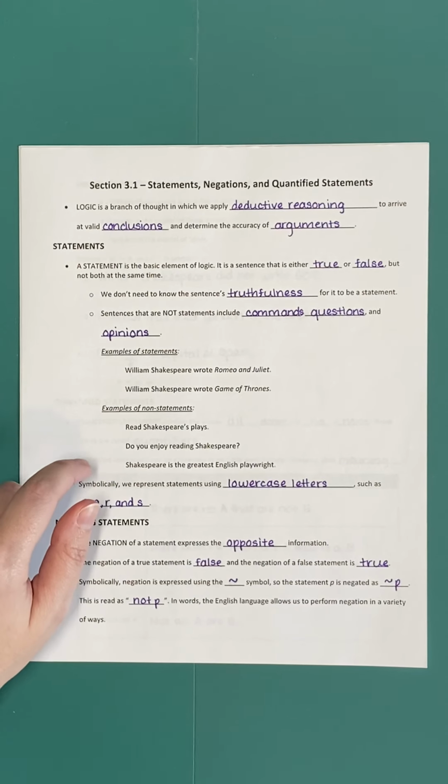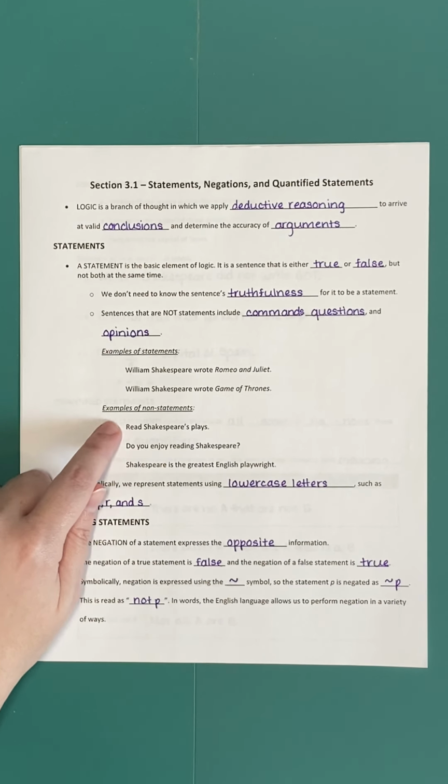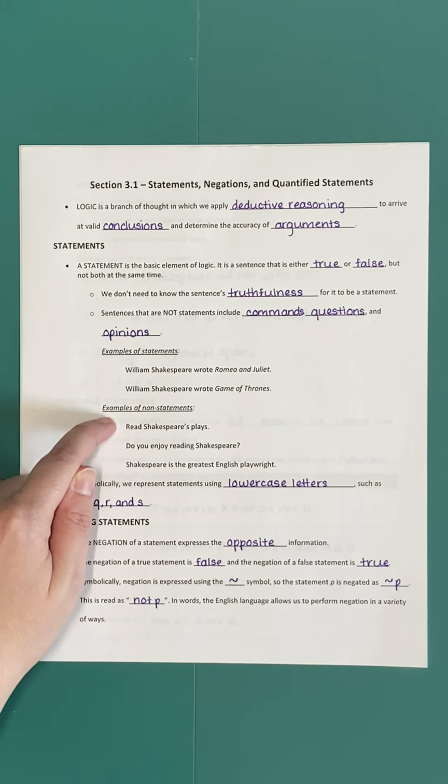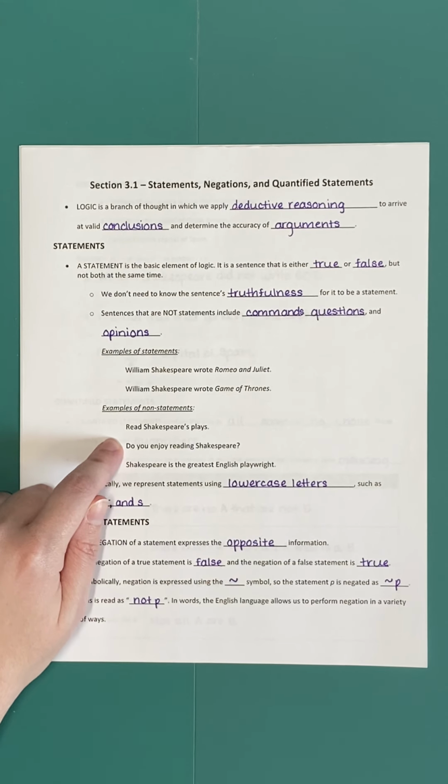Now, examples of things that are not statements. Read Shakespeare's plays. What's wrong with that? Well, that's a command. You're telling someone to do something. There is no truthfulness or falseness involved with a command, so that would not be a statement. Do you enjoy reading Shakespeare? Again, not a statement, it's a question. It can't be true or false, it's just a question we're posing to someone.